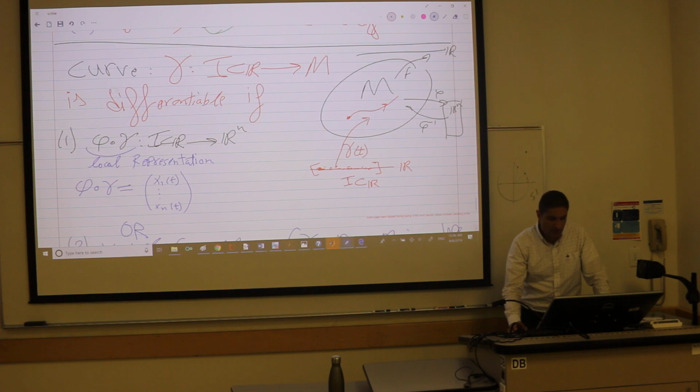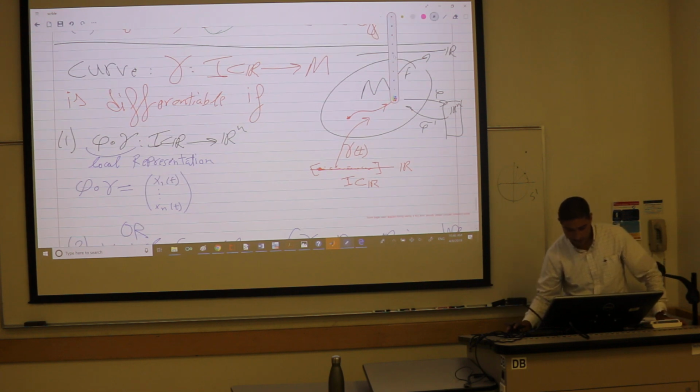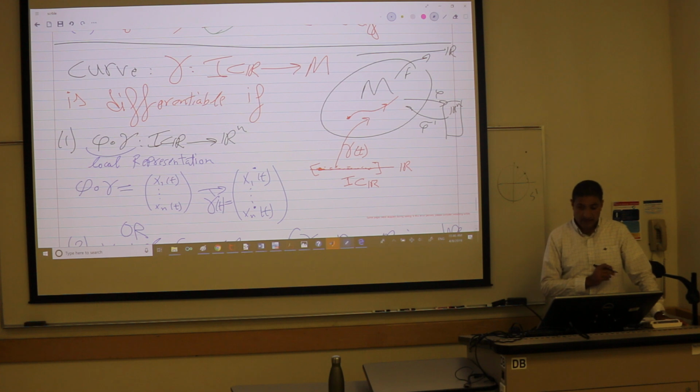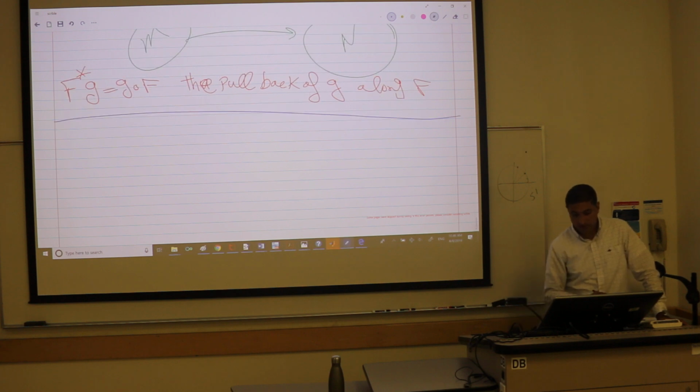We will be very interested in differentiable curves. If they are differentiable, then we will go and really differentiate them to get x1 dot of t, x dot of t. This is what we call the velocity of the curve. The velocity of the curve is a vector, and this is one of the things where differential geometry becomes quite different from working with analysis, because in Euclidean space Rn, what is a point P?